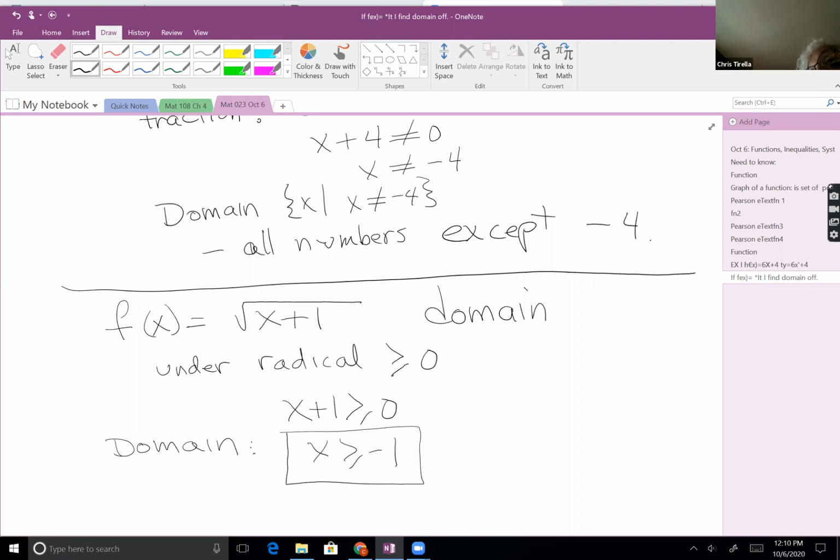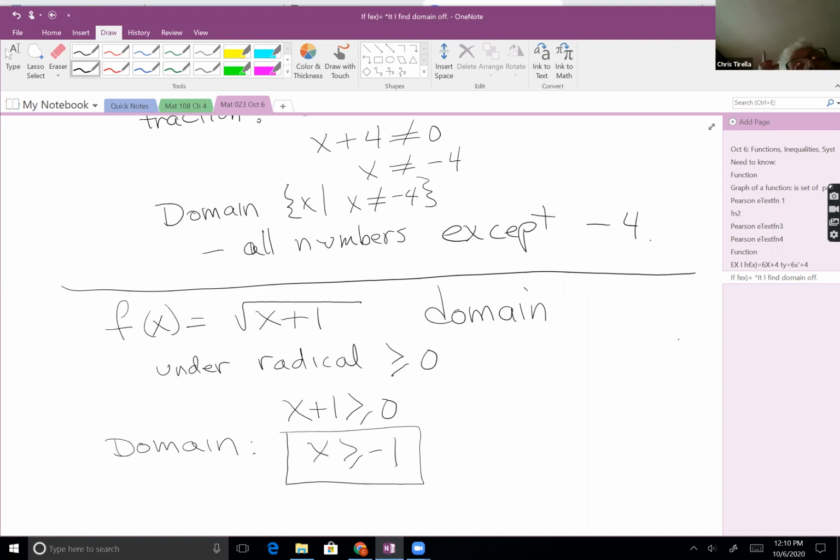And so that's what we need to know about functions. I think there's only 1 or 2 questions that ask for the domain from an equation. Otherwise, you're going to be finding domain by looking at a graph or looking at a set of ordered pairs.